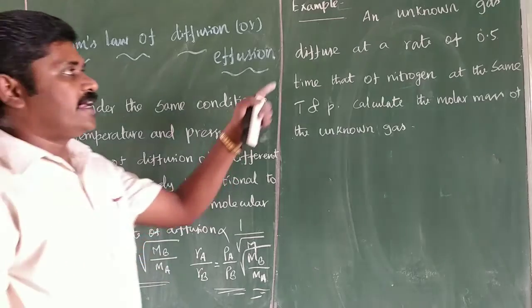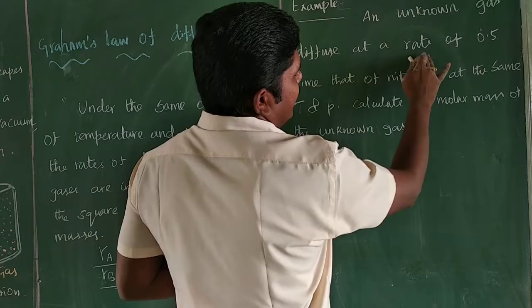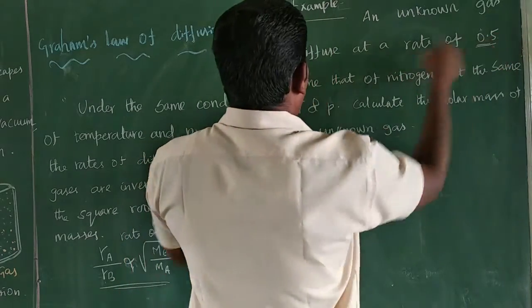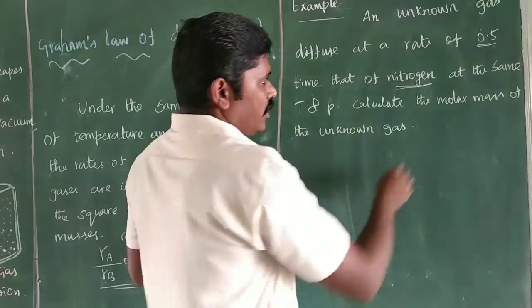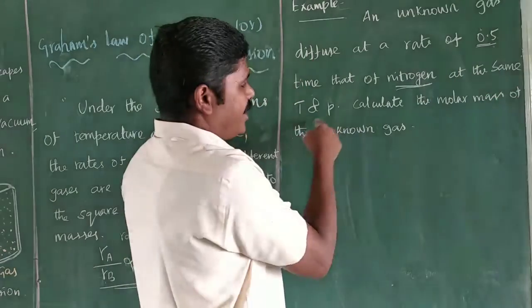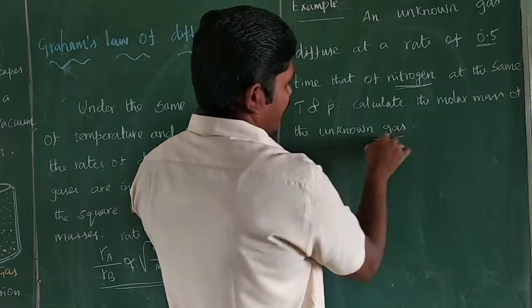For example, an unknown gas diffuses at a rate of 0.5 times that of nitrogen at the same temperature and pressure. Calculate the molar mass of the unknown gas.